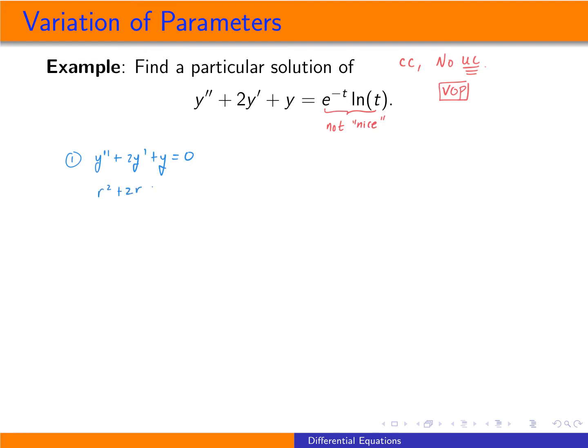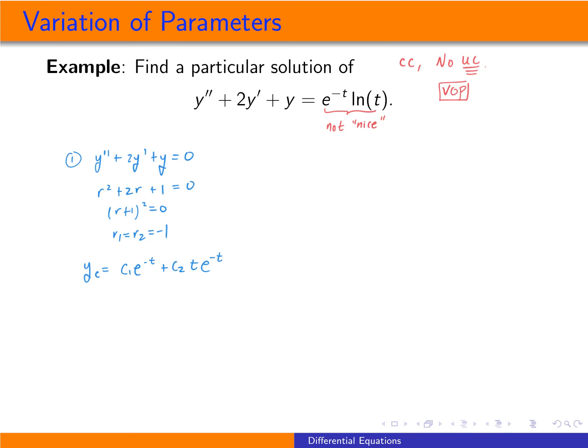The auxiliary equation is r squared plus 2r plus 1 equals 0. That factors very nicely. So we have r1 and r2, our roots, are both minus 1. The general solution, and note our independent variable is t, is going to be c1 e to the minus t plus c2, and then we have an extra t for that repetition of the root.